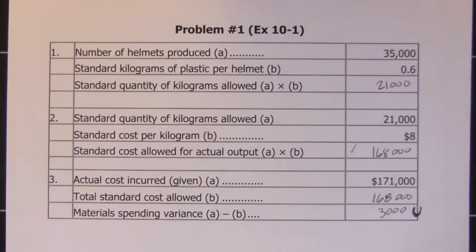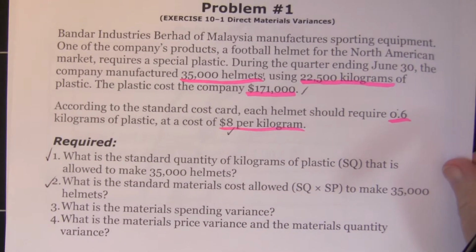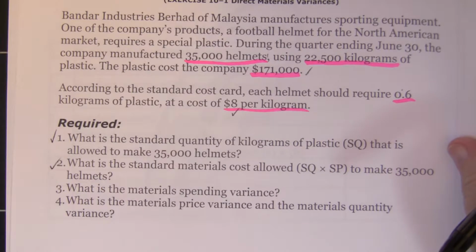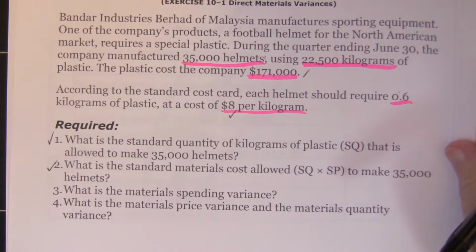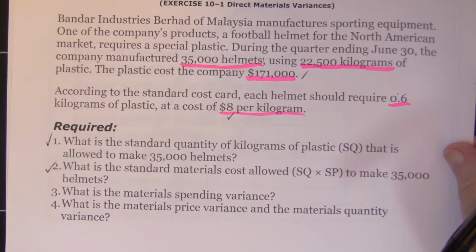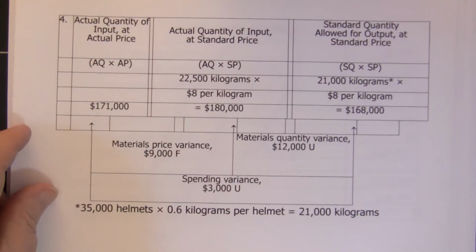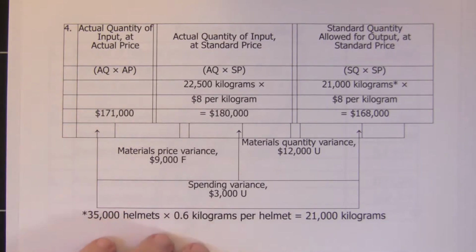The next thing they ask us to do is to break that down into the price variance component and the materials quantity component. Well, the way to do that is with these charts. Your book gets all hung up with the equation method and all kinds of other nonsense.